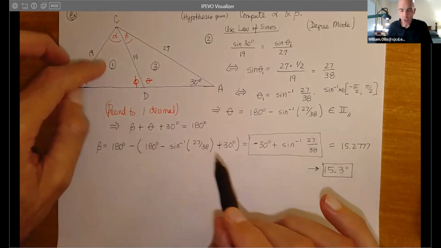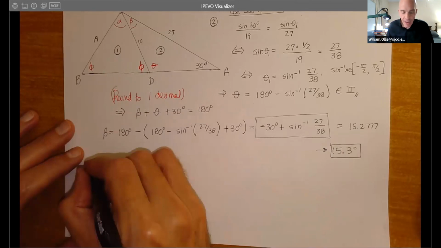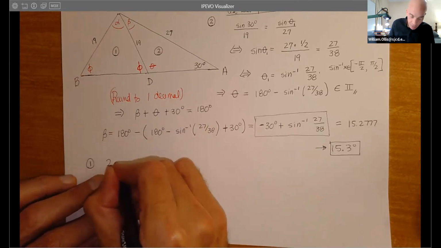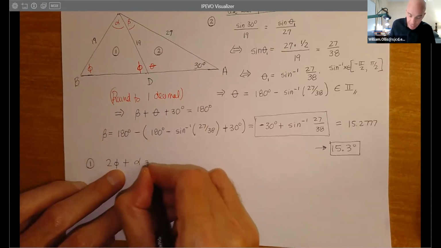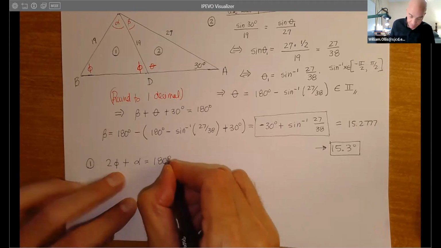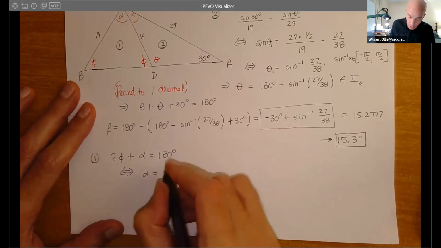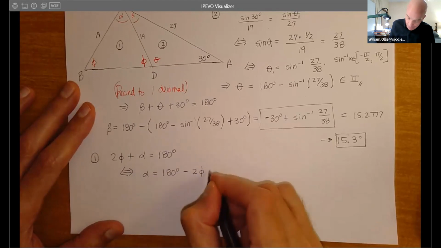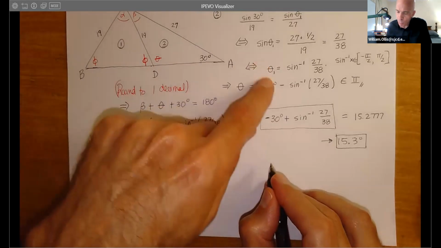And now for the other part, now that we've done 2, 1 is easy. So note that when I add these 2 angles in alpha, I get 180. So now 2 phi plus alpha equals 180 degrees. And so now alpha equals 180 degrees minus 2 phi. But now what we see is phi is just the theta 1.